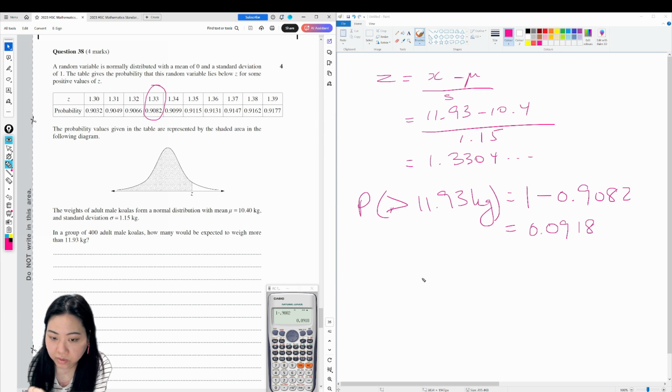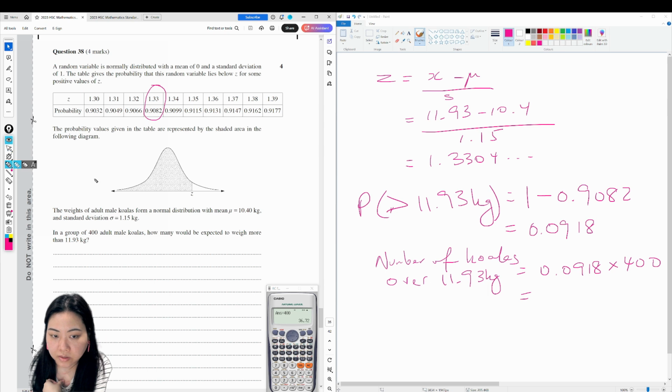How many of those koalas do we expect to find out of the 400? Number of koalas over 11.93 kilograms would equal 0.0918 times 400.